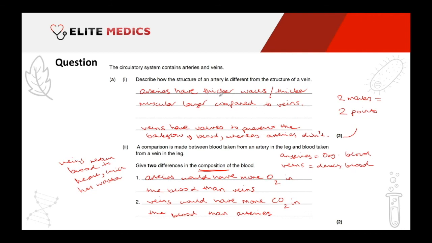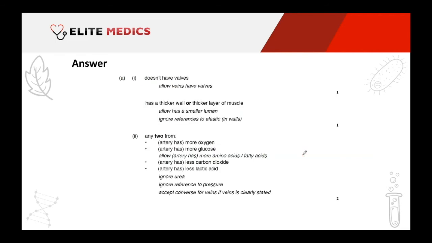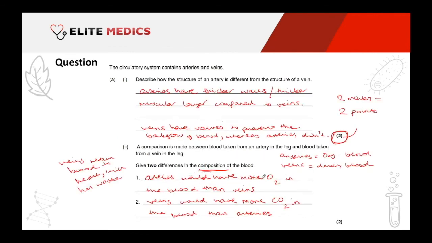And we also said arteries have thicker walls or a thicker muscular layer compared to veins, so we would get the full 2 marks. Okay. Now the next point. So it says any two from this list. Okay, so the first point is artery has more oxygen, and I'm pretty sure we made that point. Yes, arteries would have more oxygen in the blood than veins. So we would definitely get 1 mark.